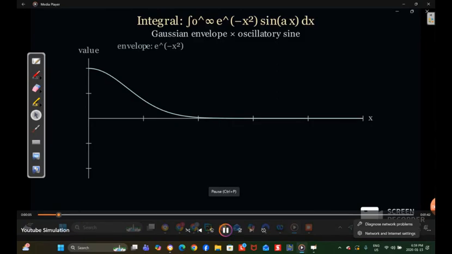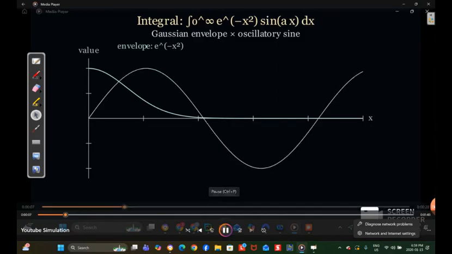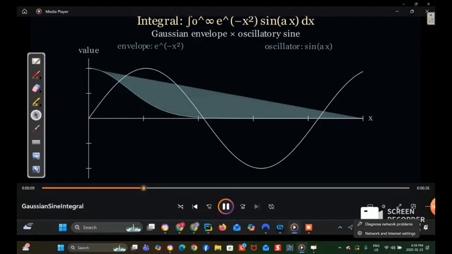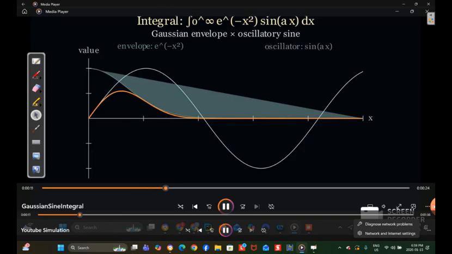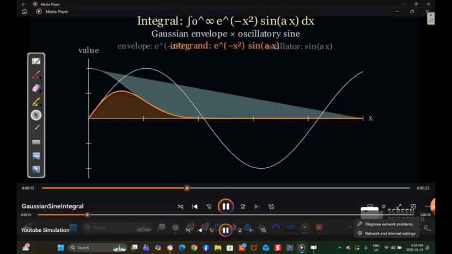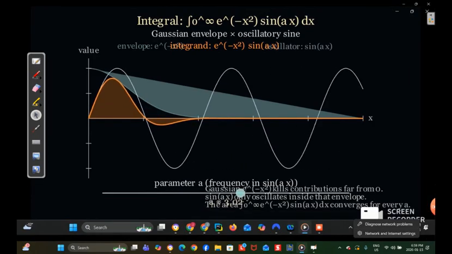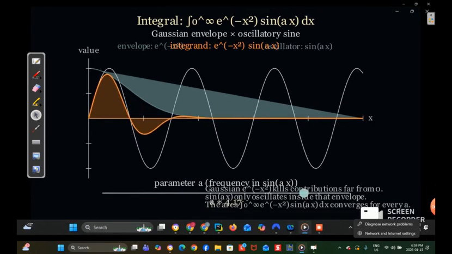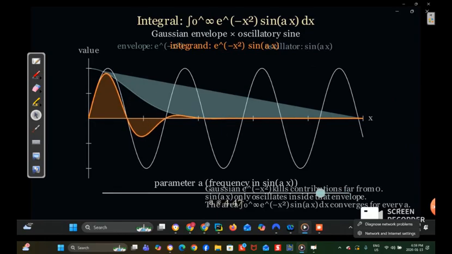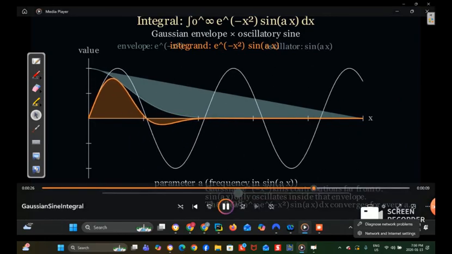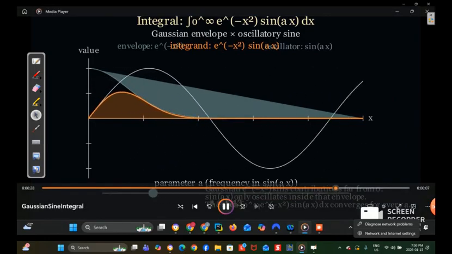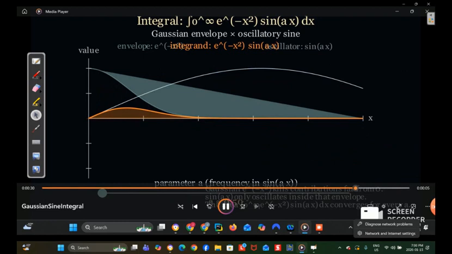There we go. Okay, so if you look here, e to the negative x squared and the oscillatory sine x. So e to the negative x squared is the envelope, and sine is the oscillator. You can see that we have a parameter a, the frequency in sine ax. And you can see that the Gaussian e to the negative x squared is going to kill any contributions far from zero, from 0 and onwards, while sine ax only oscillates inside the envelope.